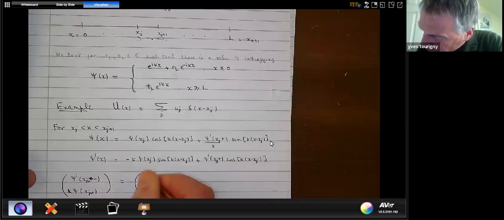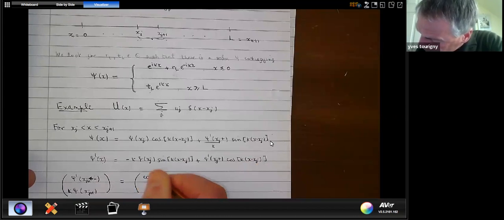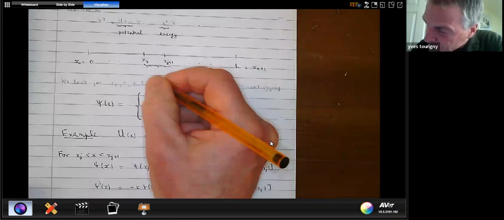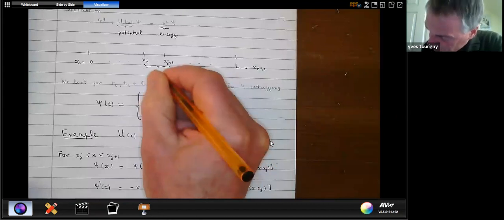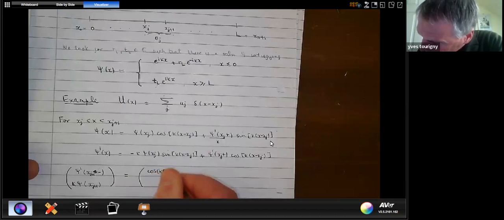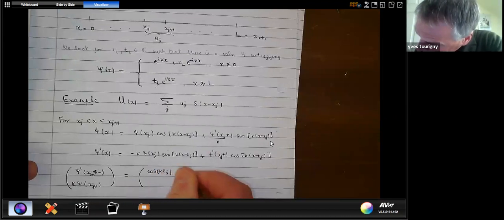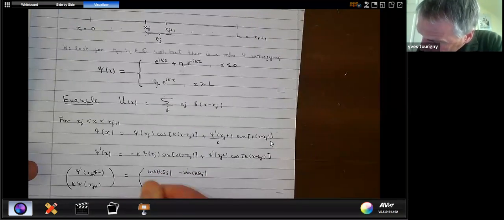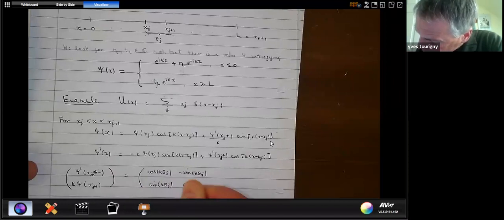So that will be cos. Now let's give that a name. This spacing here between the impurities, I'll call it theta j. So that gives me the following formula. At some point I'll probably go off the page, so please tell me.